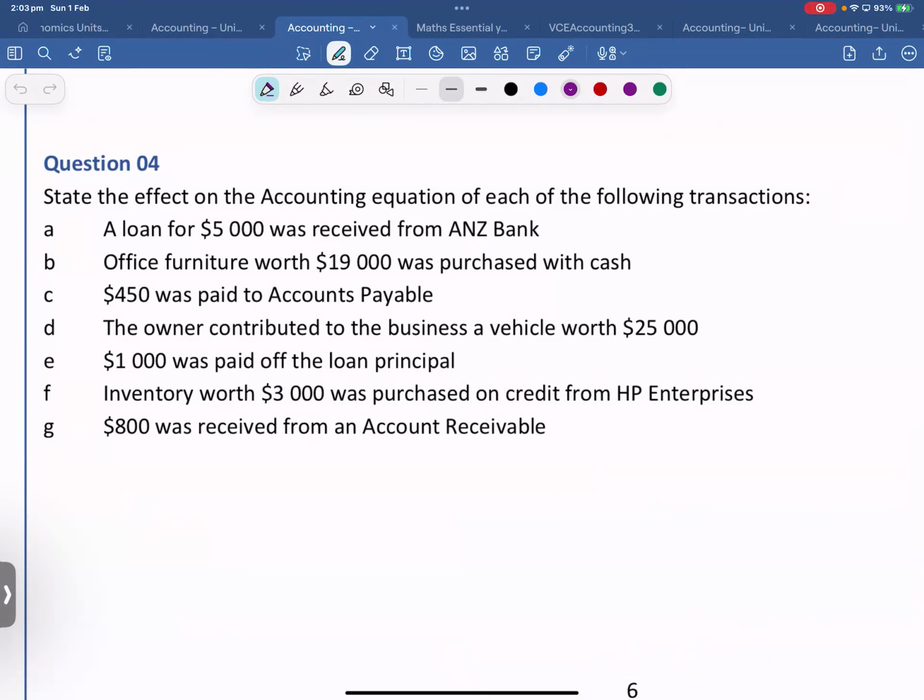Why? Its claims on the assets will decrease. He can't claim that part again. Make sense? Yeah, that's right. So remember, if the owner contributes to the business, owner's equity or the capital increases. If the owner withdraws from the business, owner's equity decreases. Make sense?